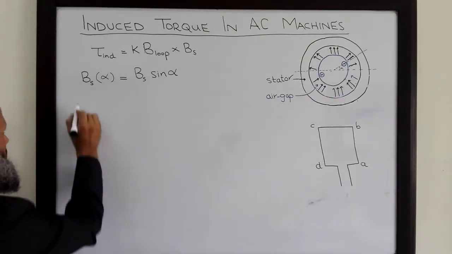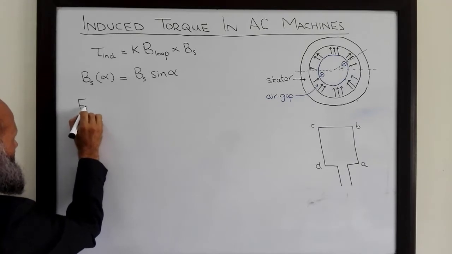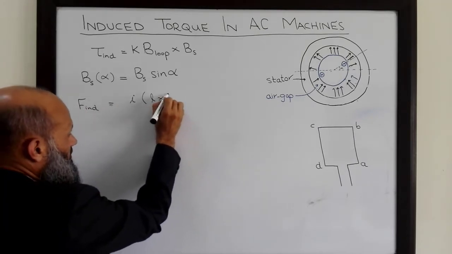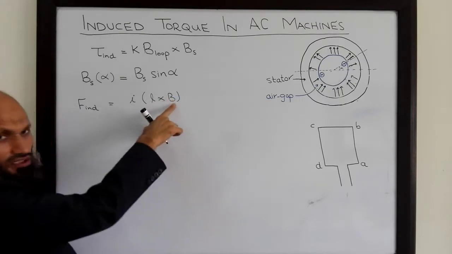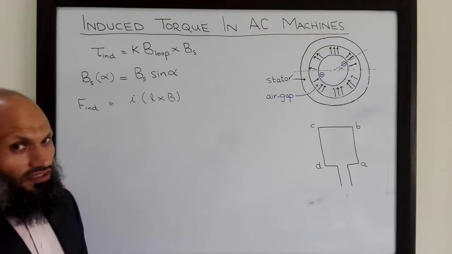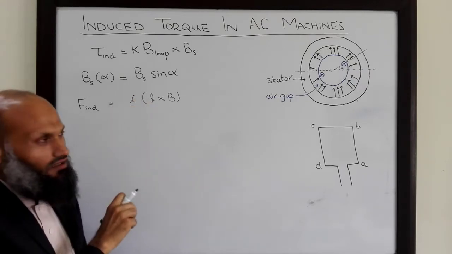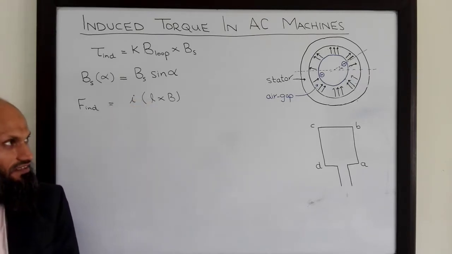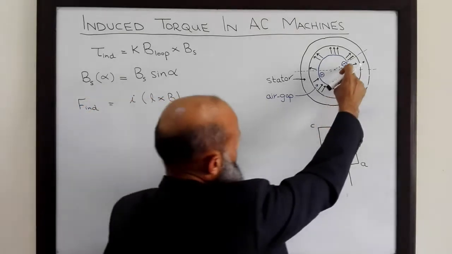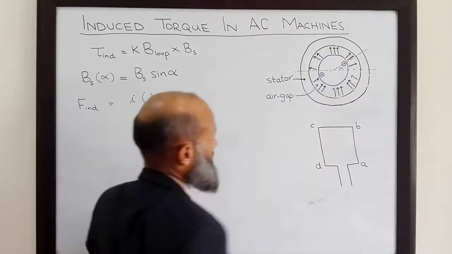So we know that the induced force is given by I L cross B, where B is the flux density vector and L is the length vector. The direction of L is the same as the direction of current in that particular conductor. Let's first study the force induced in this conductor.